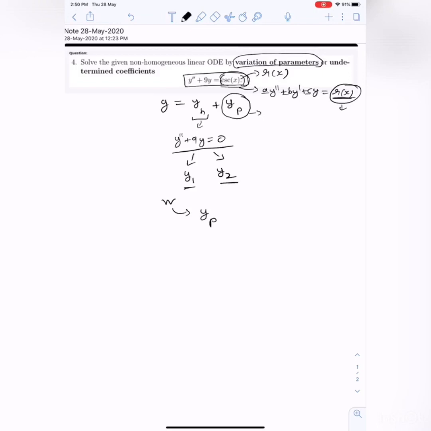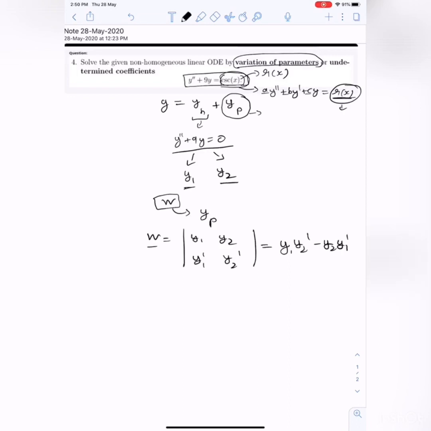We would use this to find the Wronskian. The Wronskian is given by the determinant of y1, y2, y1 dash, y2 dash, which is basically y1 y2 dash minus y2 y1 dash.